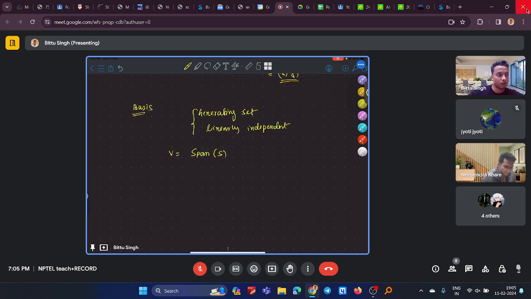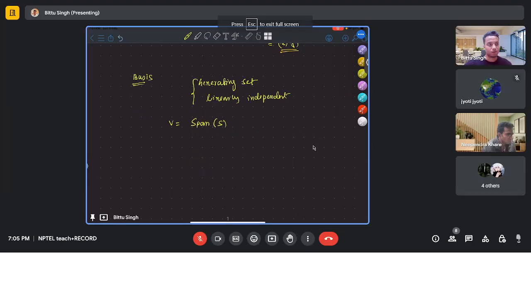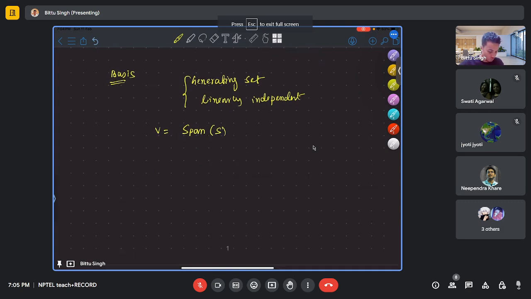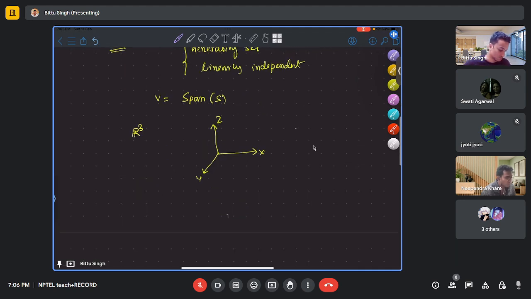What will be an example for this? As usual, R3. R3 is this three-dimensional space. It has the x-axis, y-axis, and z-axis. You can take this as a basis: e1, which is (1, 0, 0), e2, which is (0, 1, 0), and e3 equal to (0, 0, 1).